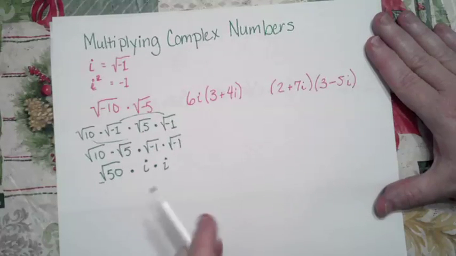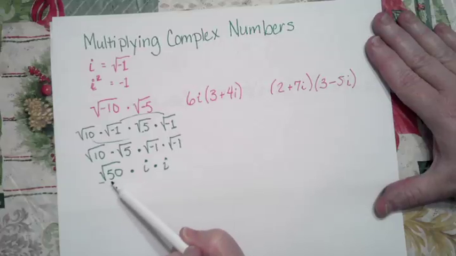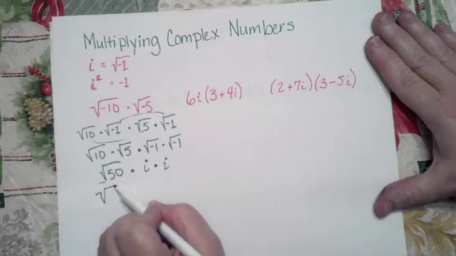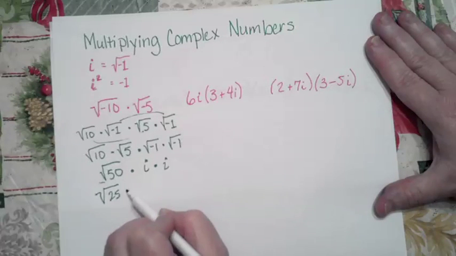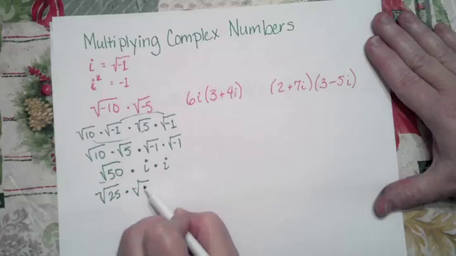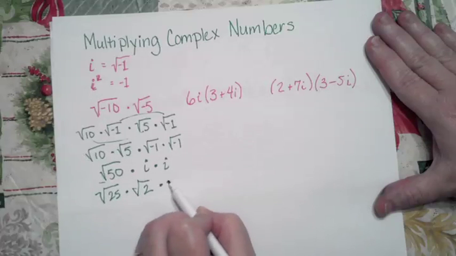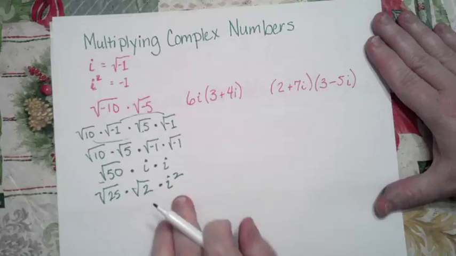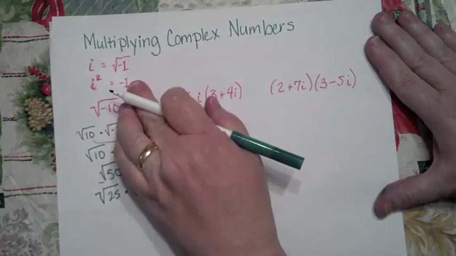I'm not done because I have to think, are there any perfect square factors in 50? Well, yeah, there's 25. So this is really the square root of 25 times the square root of 2 times i squared, because i times i is i squared. i squared is negative 1.